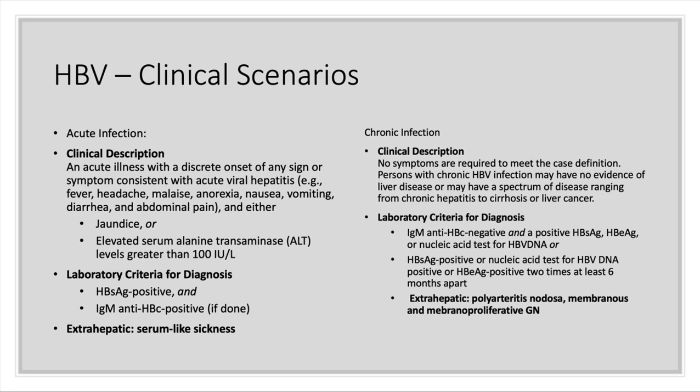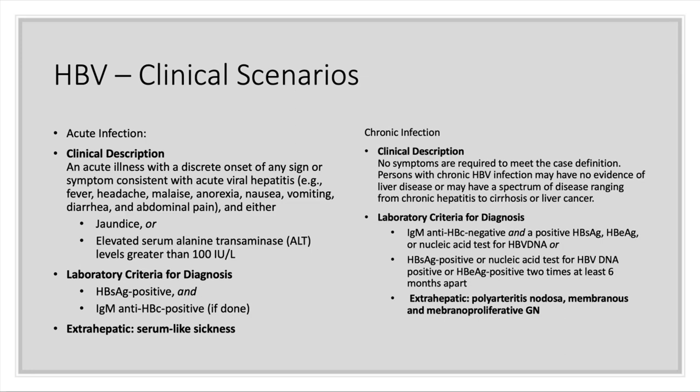They've cleared the acute serologic evidence, and they can be positive for a bunch of other things. Any of these define a chronic infection: absence of IgM core plus surface antigen, envelope antigen, or Hep B viral DNA.